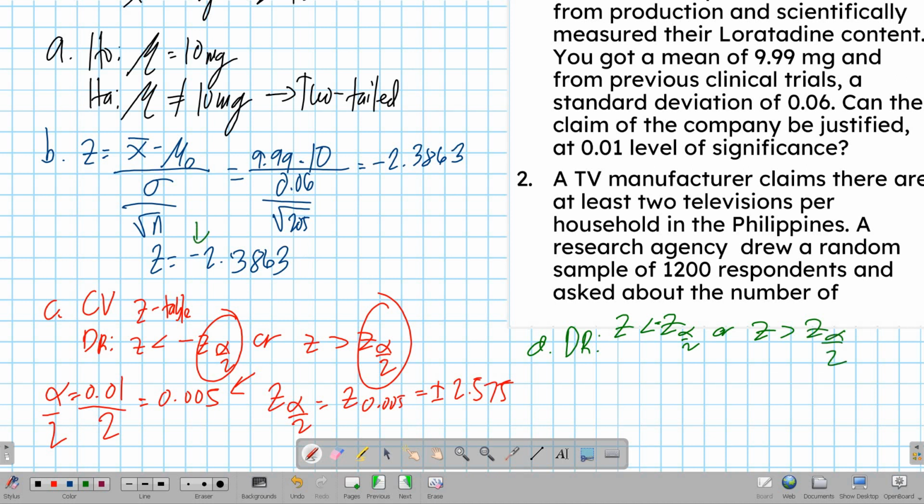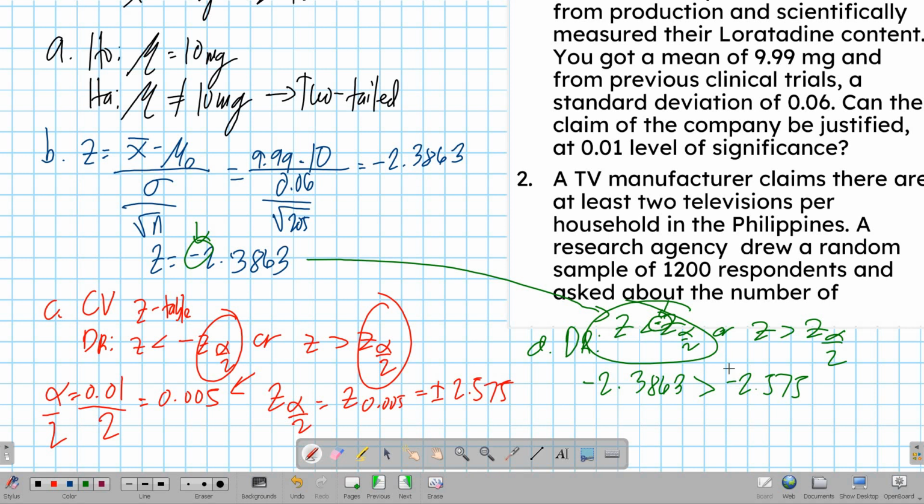Since the test statistic is negative, we will follow this one. So the question is, is negative 2.3863 greater than or less than negative 2.575? As we can see, negative 2.3863 is bigger than negative 2.575.